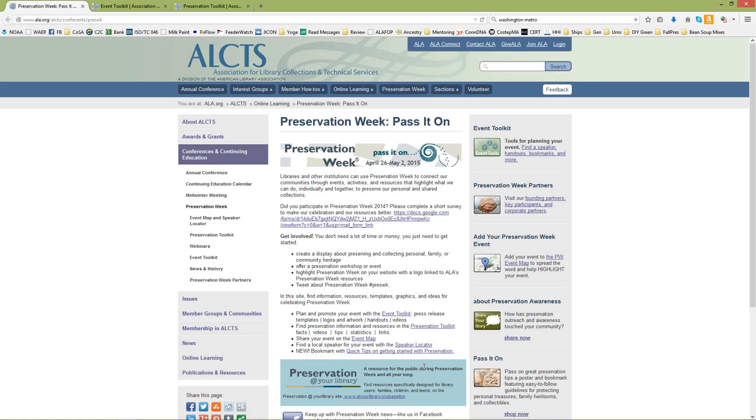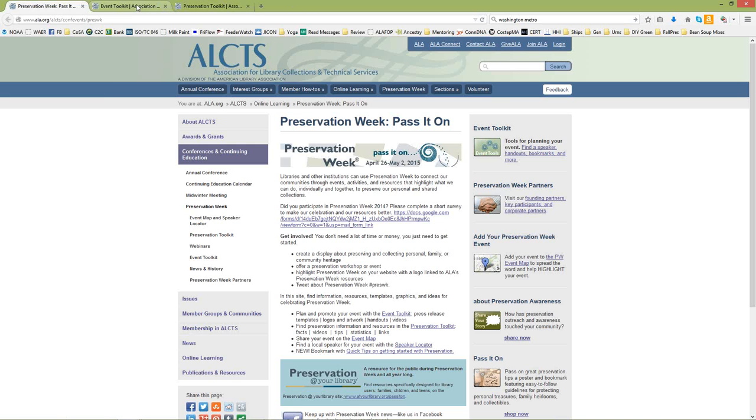I love it because it gives me an opportunity to share with all of you what we have on the Preservation Week website to help you out. First of all, you can see on the website, kind of towards the middle of the page, we have an event toolkit as well as a preservation toolkit.